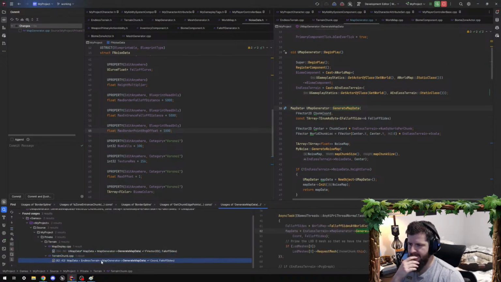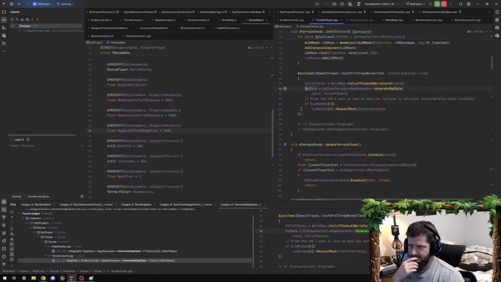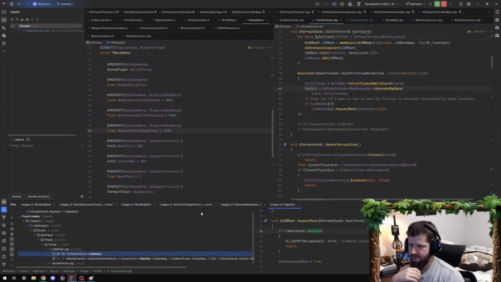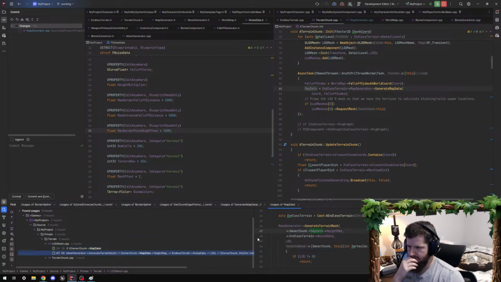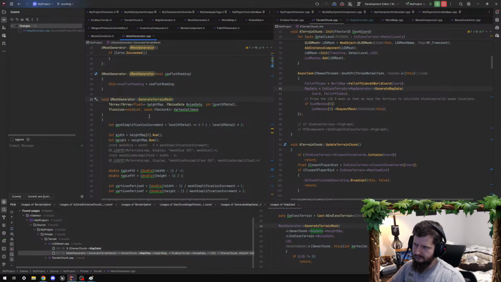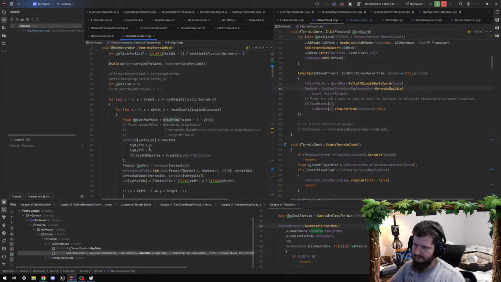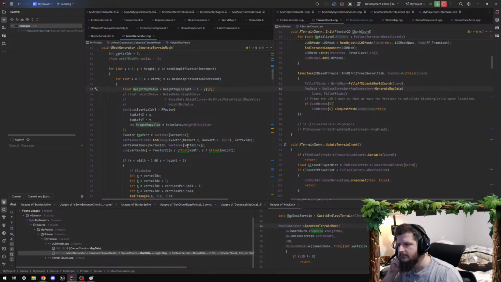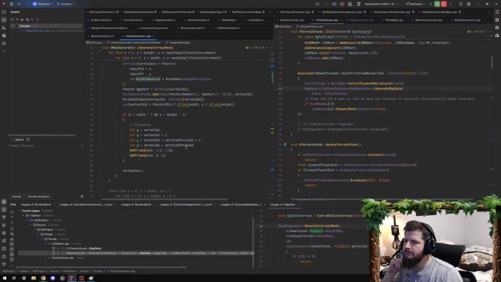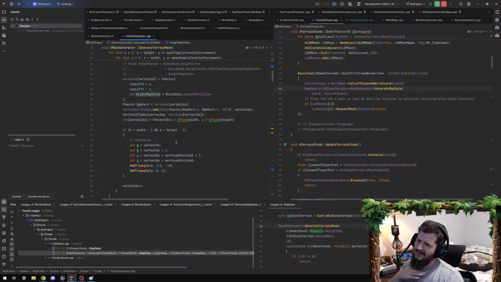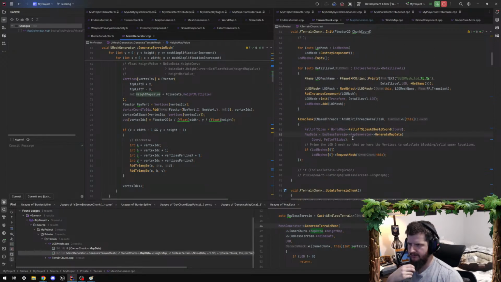These are also values in between 0 and 1. Does that matter anymore? I don't think it does. That only mattered when I was doing my height value.